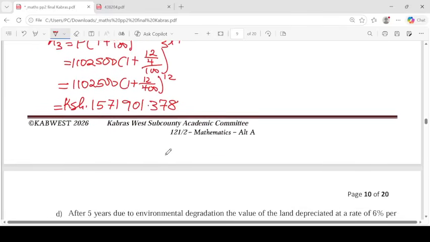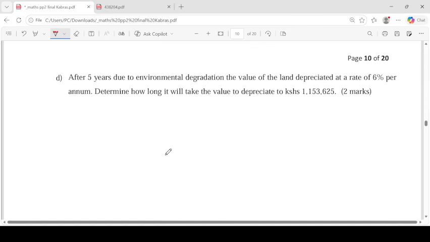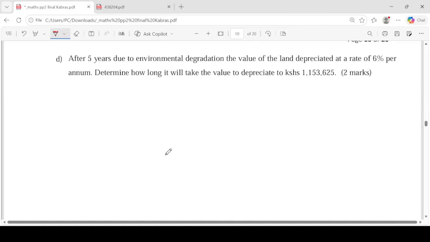Let me look at the next case, that is part D of it. After 5 years, due to environmental degradation, the value of the land depreciated at a rate of 6% per annum. Determine how long it will take the value to depreciate to a value of 1,153,625. Remember, how do you calculate depreciation? Amount is given by P into 1 minus R over 100 to the power of n.